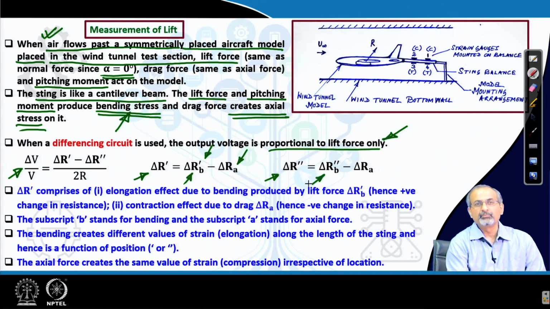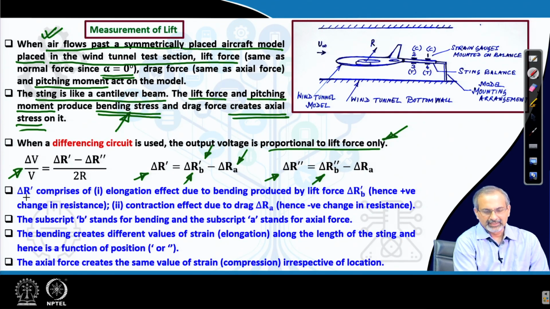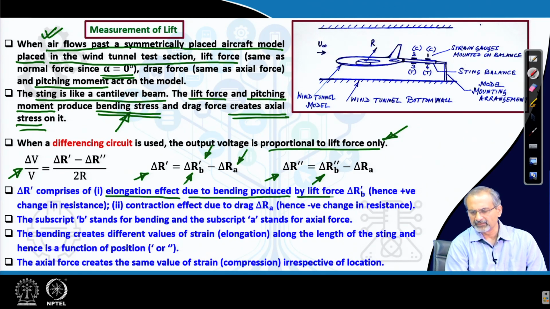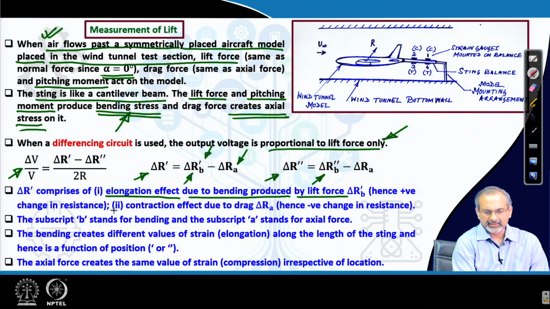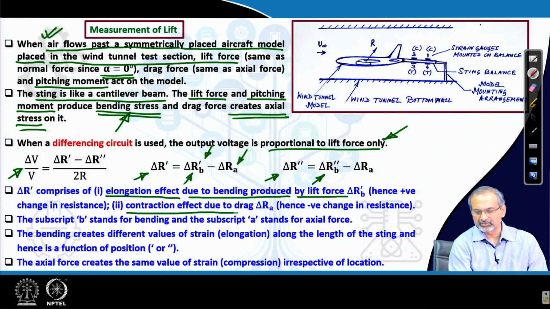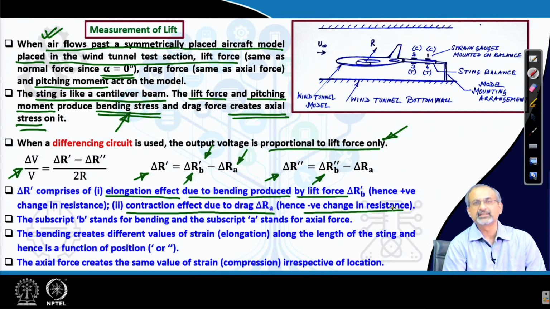We do that for both the dash as well as the double dash quantities. So, delta R dash comprises of elongation effect due to bending produced by lift force, and hence positive change in resistance, and contraction effect due to drag force, hence negative change in resistance.